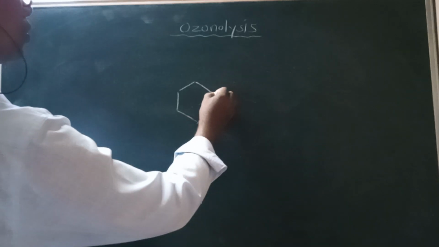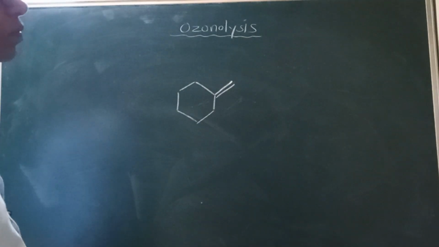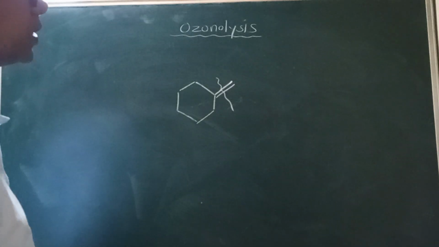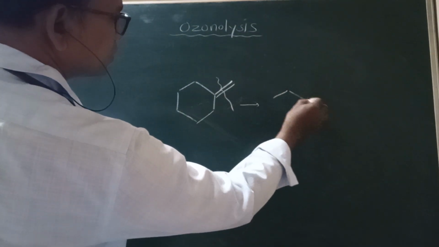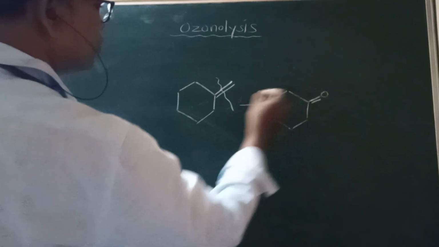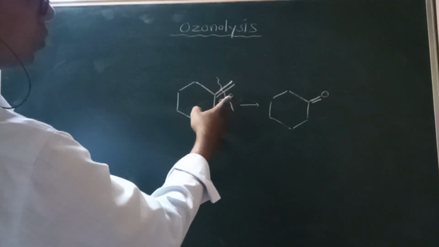So guess the product of this reaction. This on ozonolysis gives. Yes. Breaking takes place across the carbon-carbon double bond. As the alkene is not symmetrical, you'll get this C double bond O, one oxygen on the left, the other on the right. Here is CH2O, that is formaldehyde.